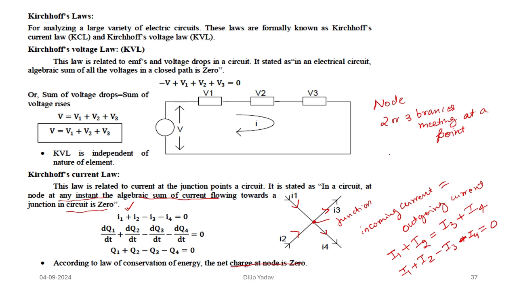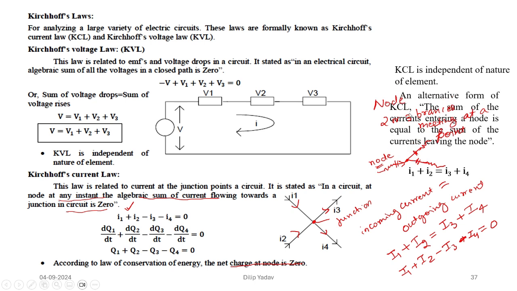The best way to understand the node is that the current distribution takes place there. This will be the node, this can be a branch, this will be R1, this is R2, and this is R3. At this point, more than two branches, each having some element, are meeting, so the incoming current will be equal to the outgoing current.